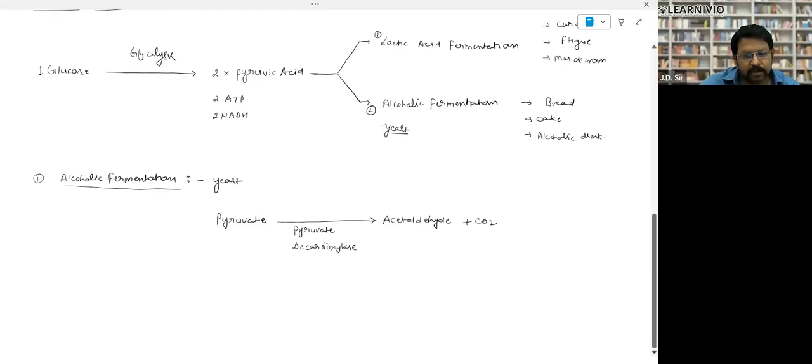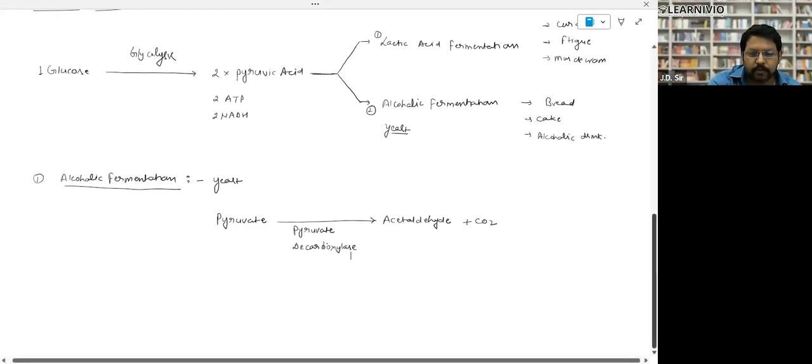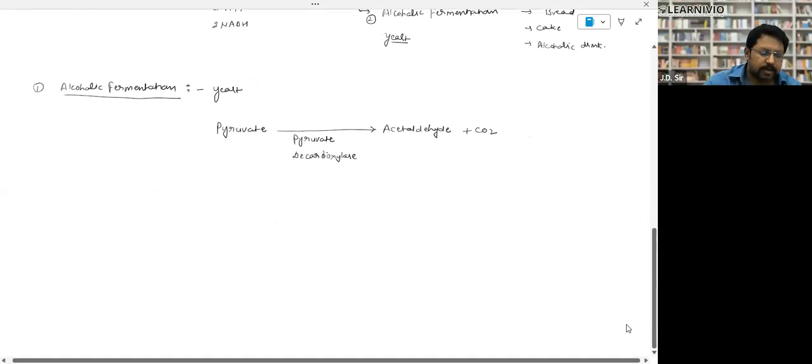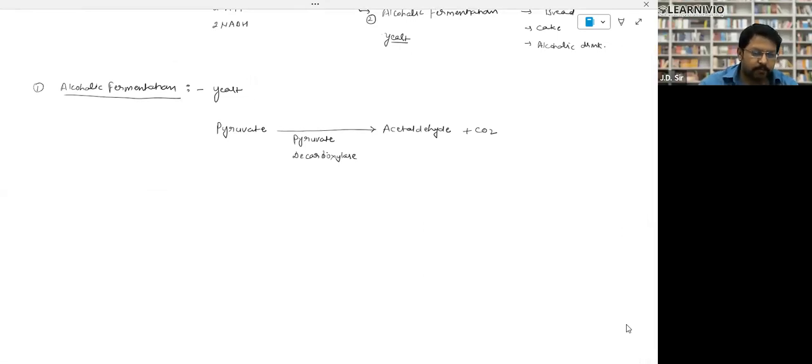By the way, the enzymes are not that much required for you. In case you remember them, it's good. If you don't, it's also okay for your school examination.